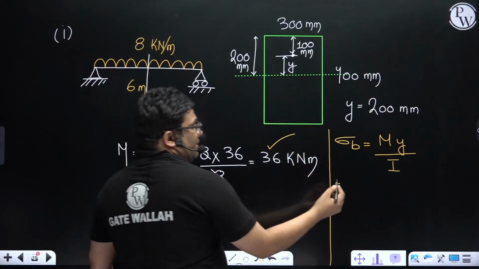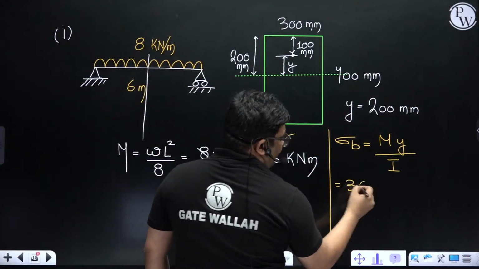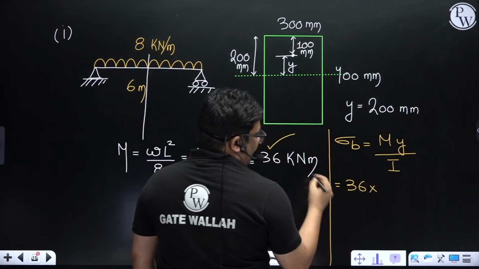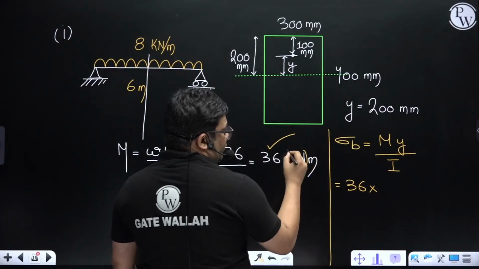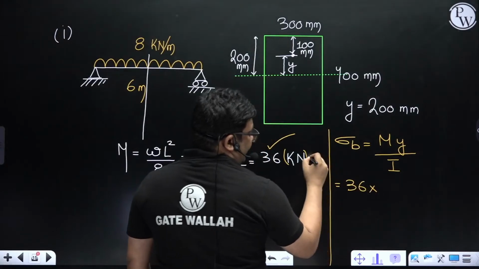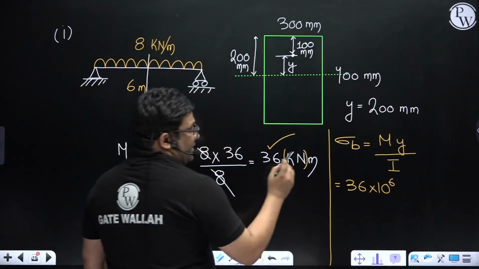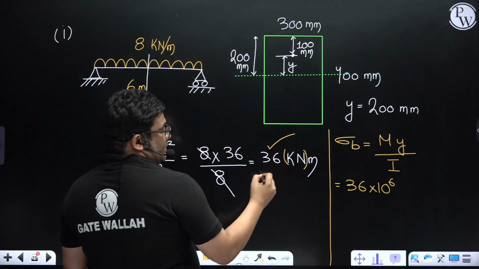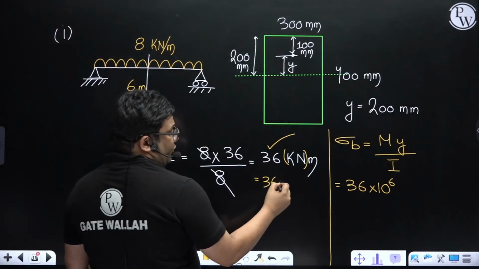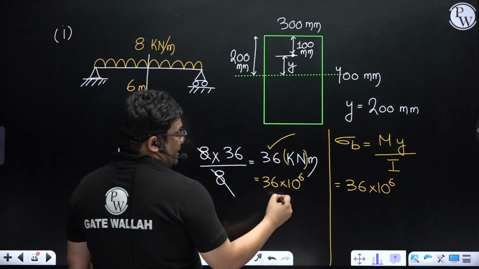This bending moment is in kilonewton meter. I'll convert it into Newton mm: kilonewton to Newton is 10 to the power 3, meter to mm is 10 to the power 3, so 10 to the power 6. So this is 36 into 10 to the power 6 Newton mm.